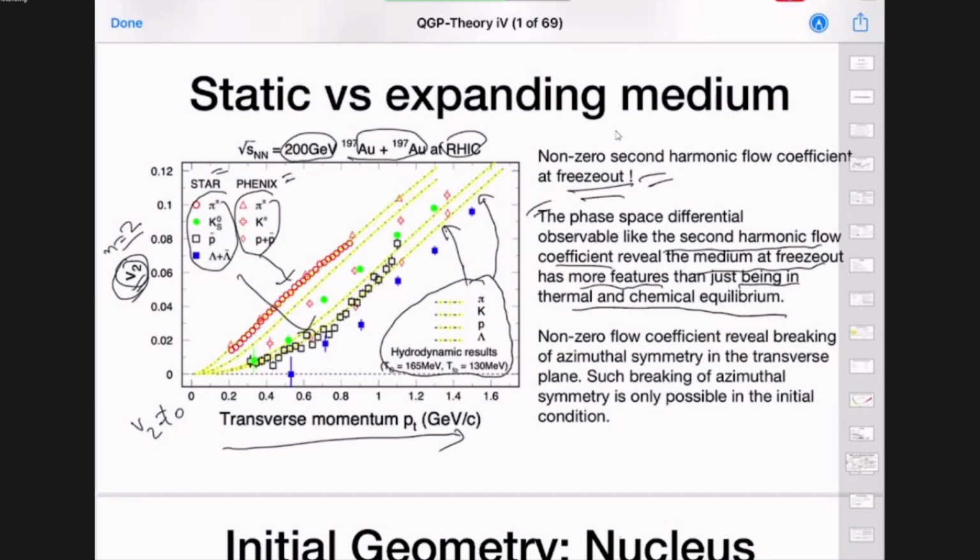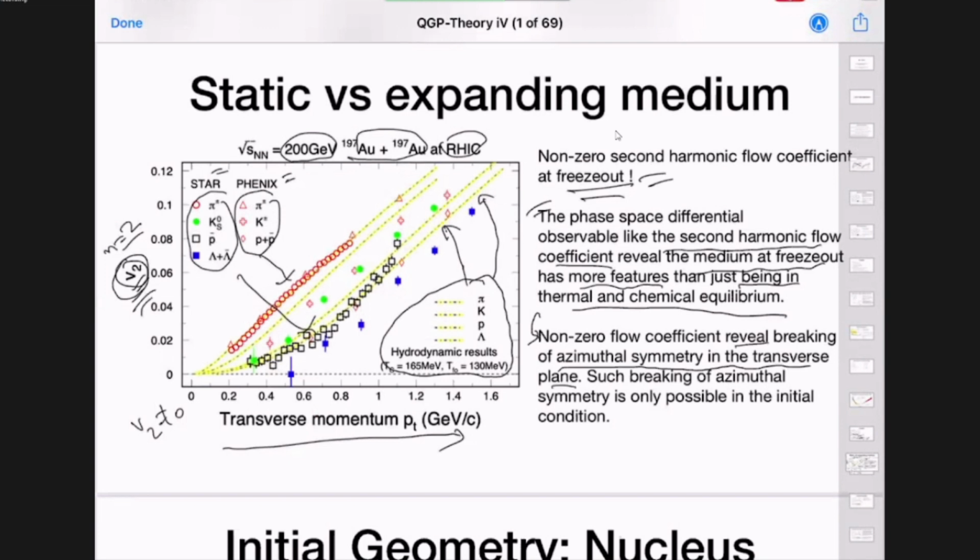It has these non-zero flow coefficients. So what does that mean? A non-zero flow coefficient at freeze out reveals breaking of azimuthal symmetry in the transverse plane.